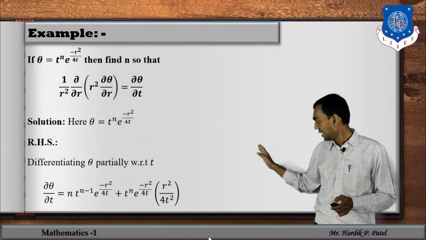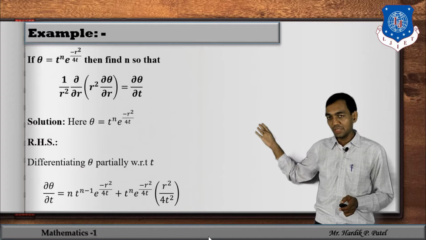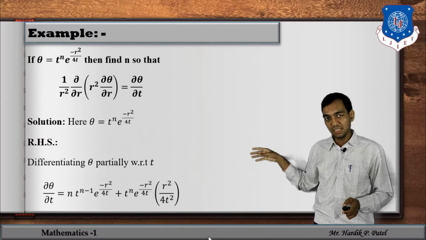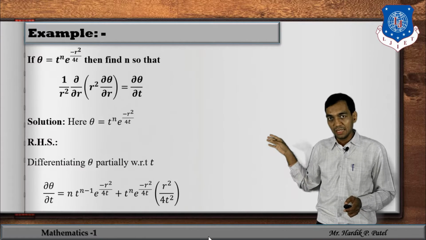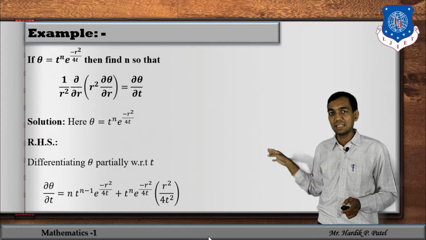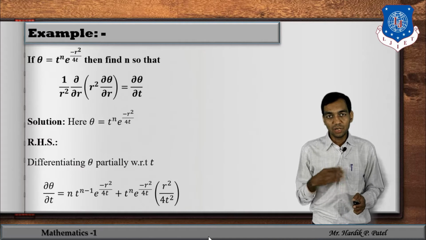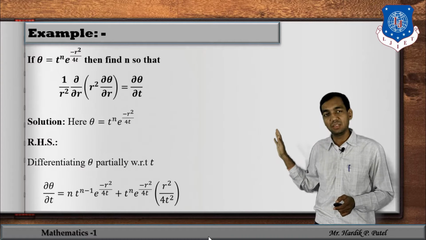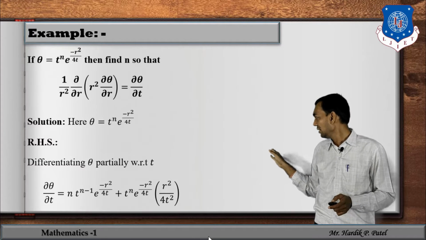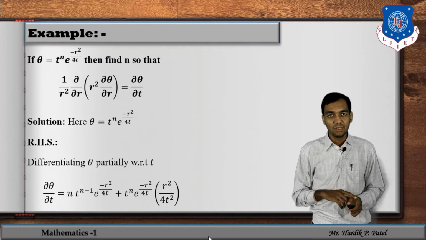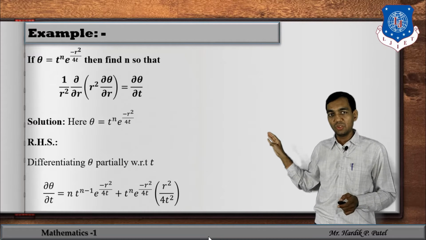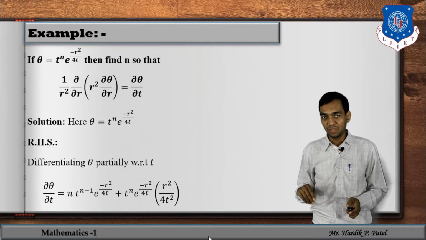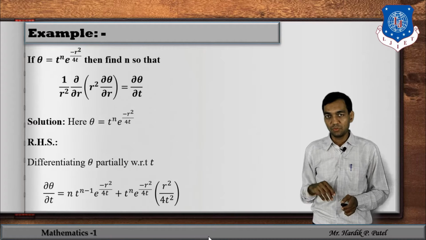Then t^n as it is, and the derivative of e^(−r²/4t) is e^(−r²/4t) into the derivative of −r²/4t. Now you are differentiating with respect to t, so −r²/4 remains constant, and the derivative of 1/t is −1/t². So it reduces to the form r²/4t², correct?